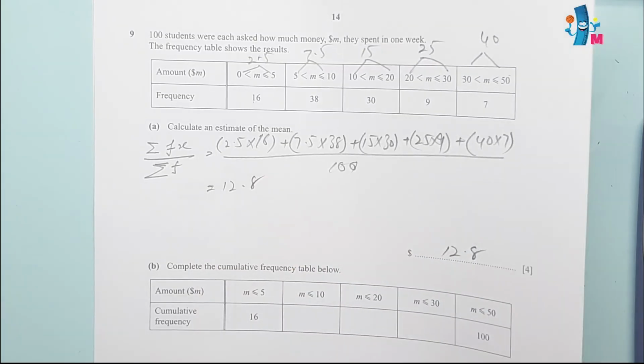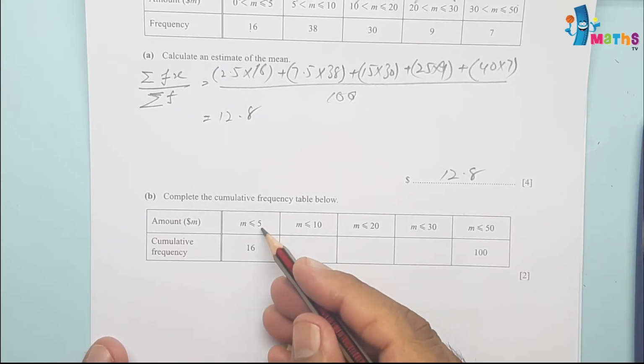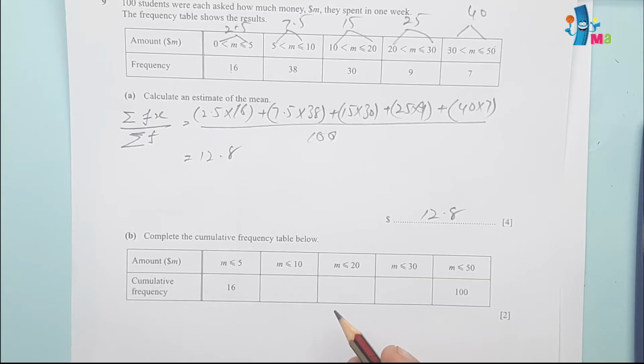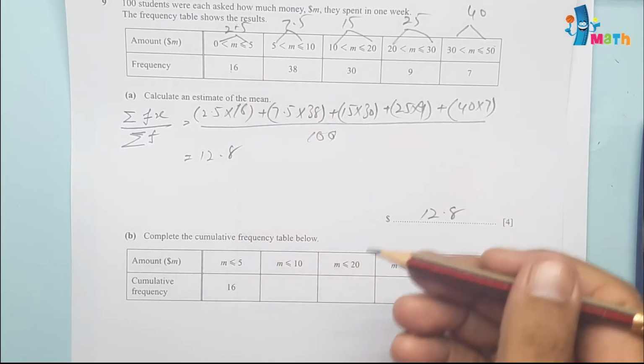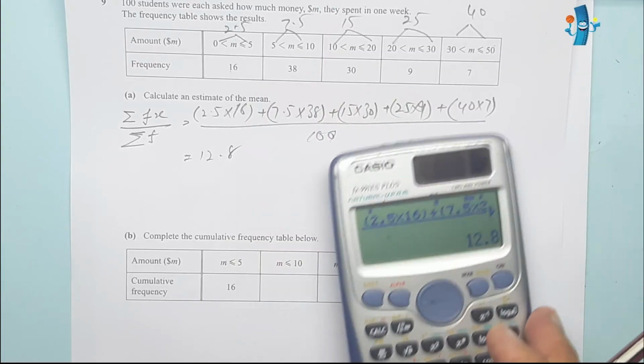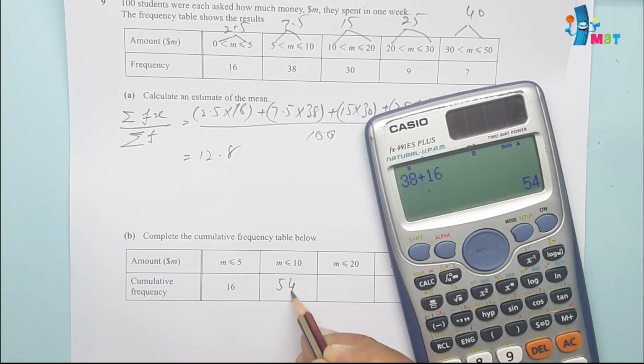B part, complete the cumulative frequency table below. So less than or equal to 5 is 16. Less than or equal to 10 is 38 plus 16, which is 54.